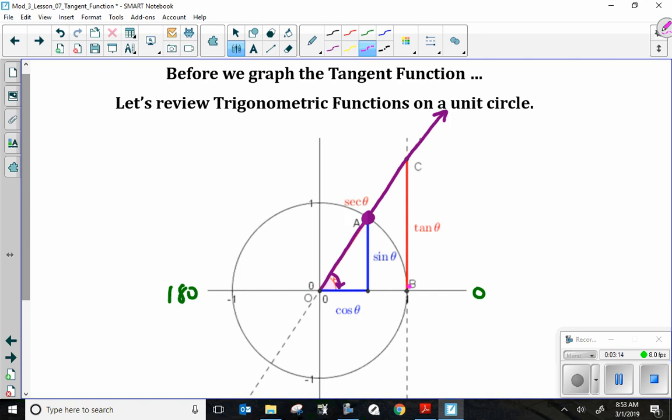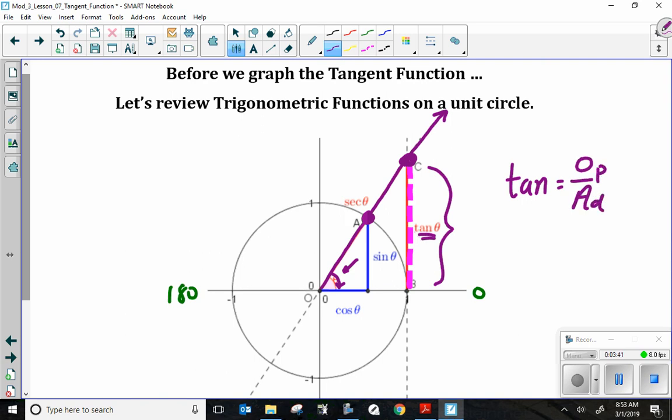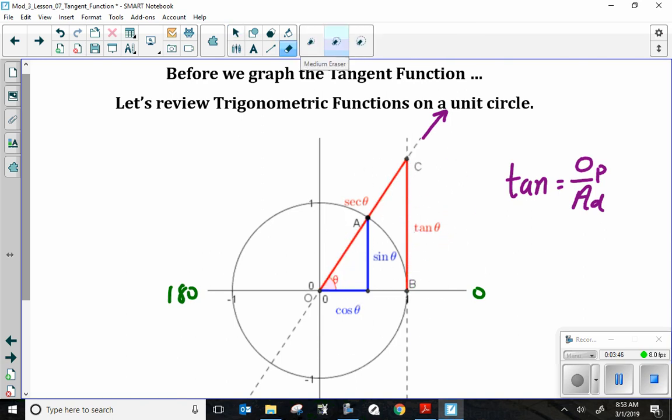If I go straight up or down from the x-axis to that line, this distance represents tangent, all right? So when they say the length of the tangent line, you're really just finding the tangent of your angle that's given. And tangent is tricking on Alexander, so it's opposite over adjacent, okay? So all these things are going to come together. You don't have to memorize this by any way, shape, or form, but it's just a few things I wanted to point out and connect, and see that they're really all related, all right?